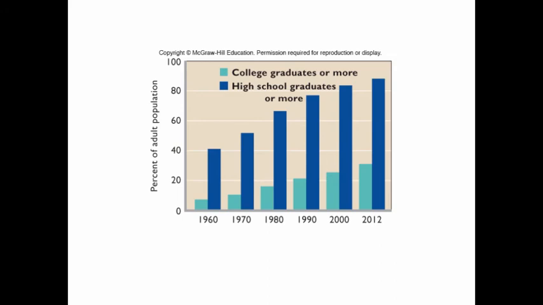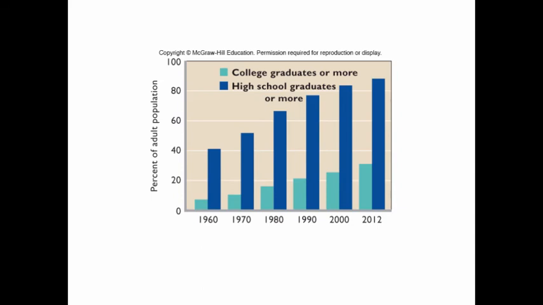This shows the percent of the adult population in the US attaining a college graduate degree or better, such as a PhD, and also high school graduates or better. We can see in the 1960s, less than 10% of the population were achieving a college graduate degree or better, and about 40% were high school graduates or better.